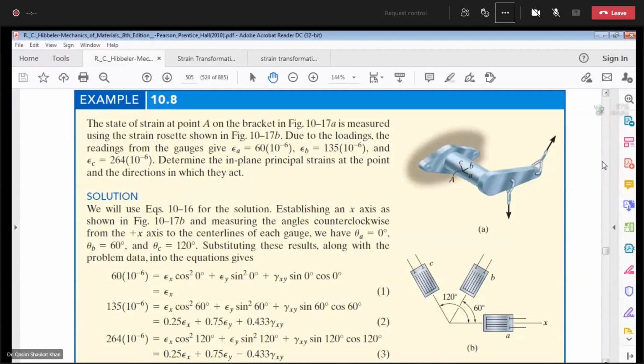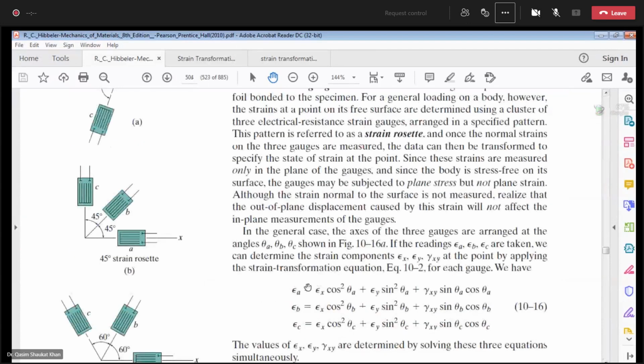Guys, now using this equation, first put the values and then simplify. Then please let me know the values of epsilon x, epsilon y, and gamma xy.